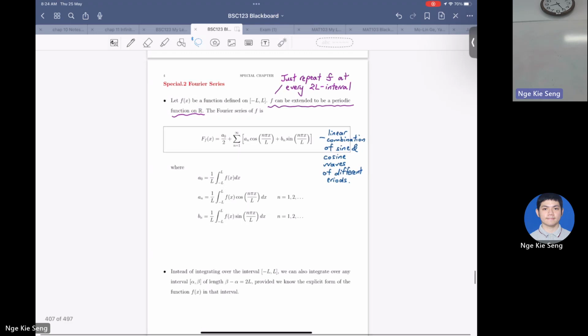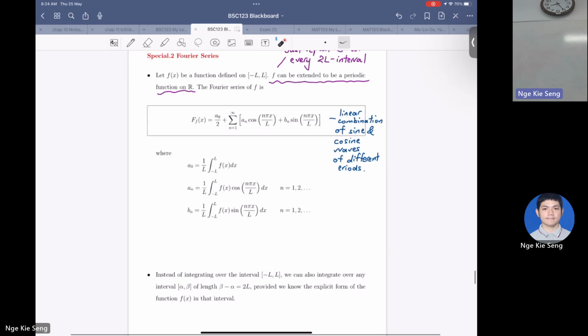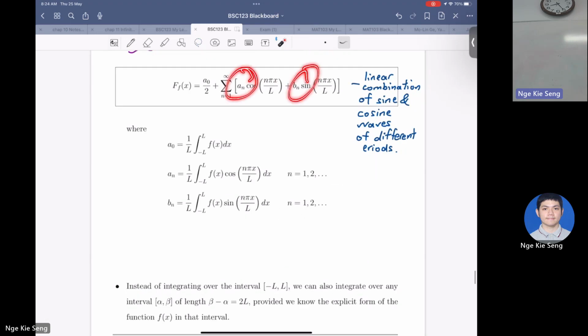Given a function f, if we want to find the Fourier series, there's a formula to find what a_n and b_n are. You need to use integration: integrate f over cosine to find a_n, and integrate over sine to find b_n.